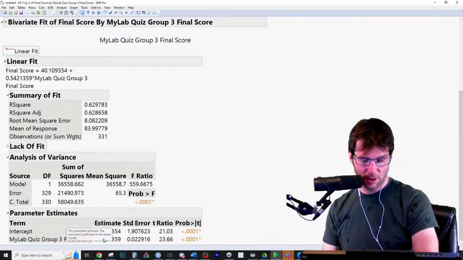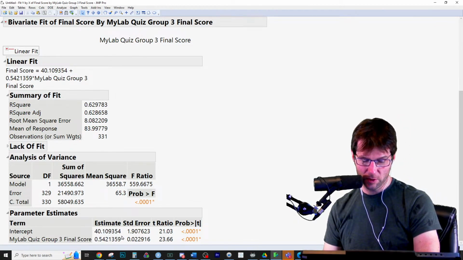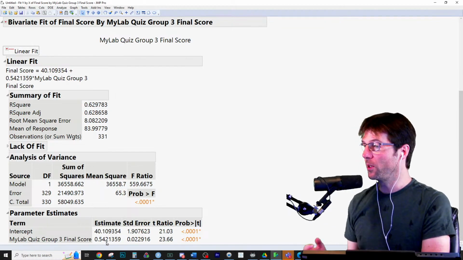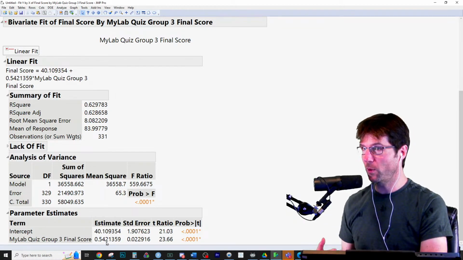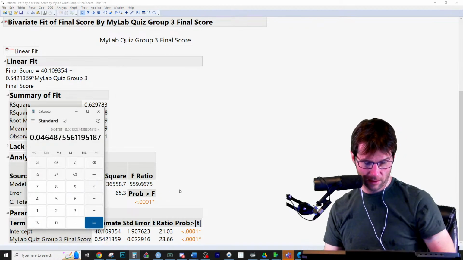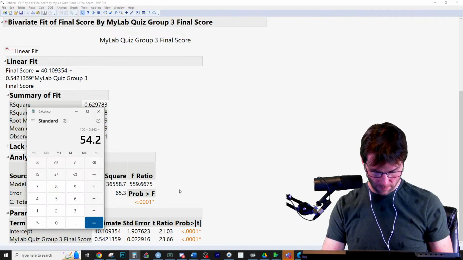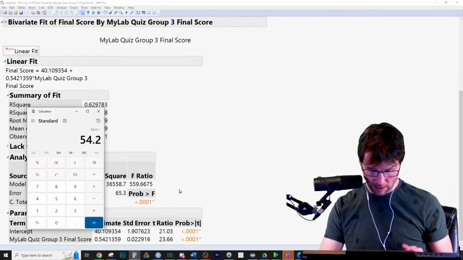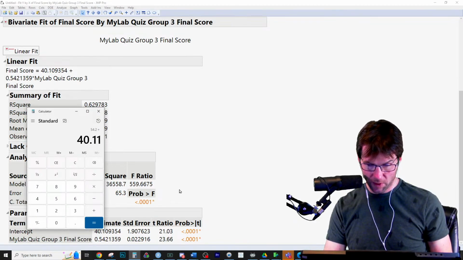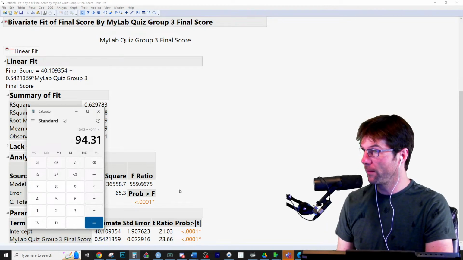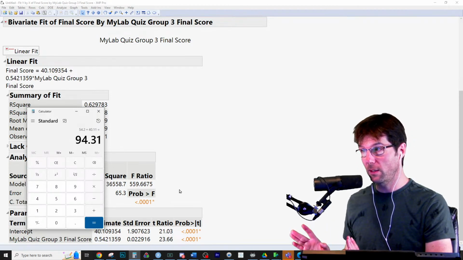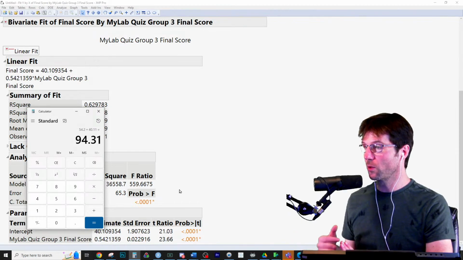But for each additional point on quiz group 3, we would expect someone's grade to increase by 0.54 on average. Meaning, if you got 100, we would predict your grade to be about a 94. It doesn't mean it is this, but that's the predicted grade.